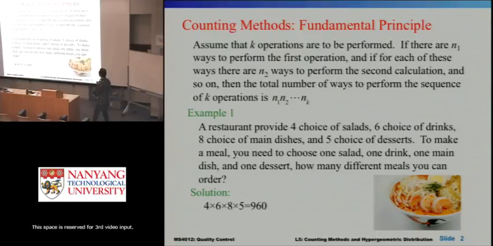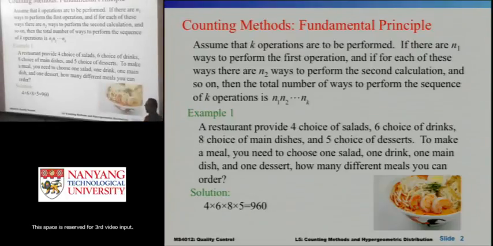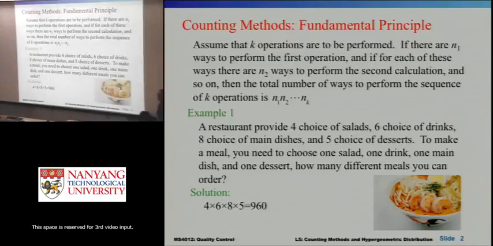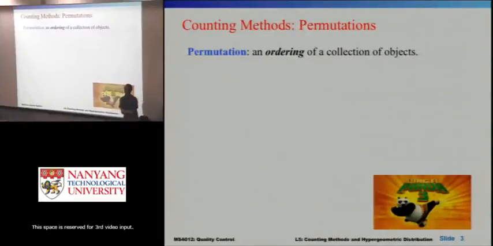The second operation is to choose our drinks. The third operation is to choose our main dish. And the last is to choose our dessert. After these 4 choices, you can get around 1,000 combinations. So this is the fundamental principle of the counting method.